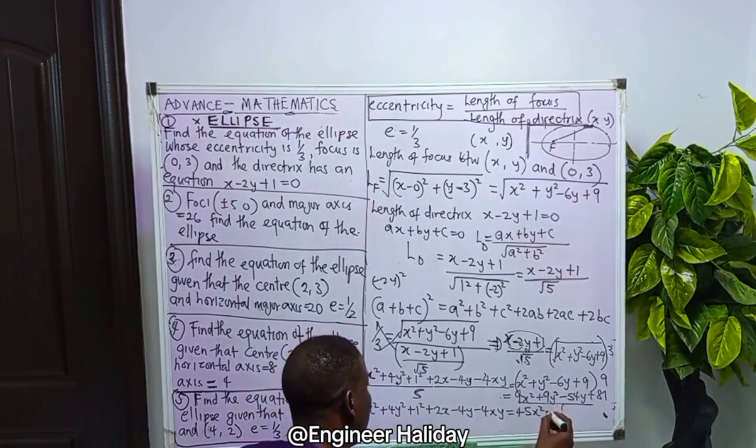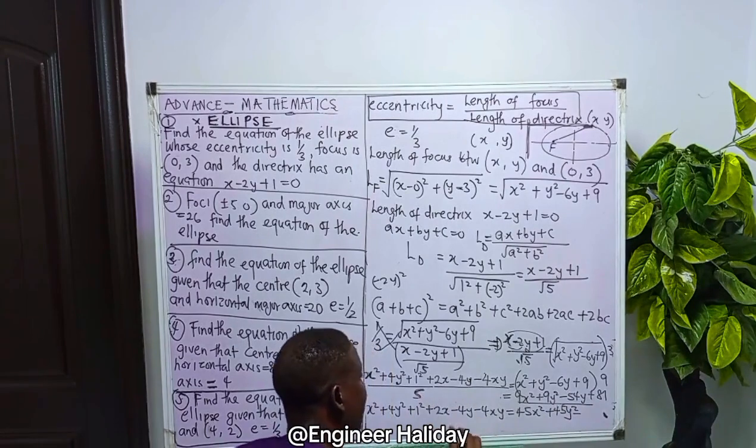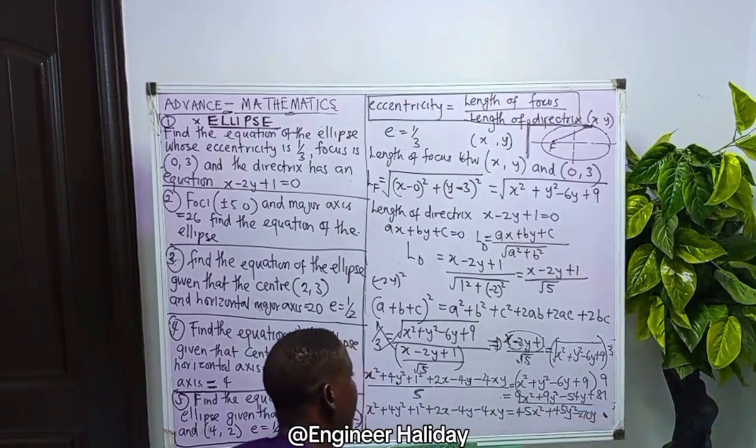5 times 9y is 45y square. 5 times 54 is 0 carry 2, then 25, that is 270. That one we have very clear. Minus 270y.